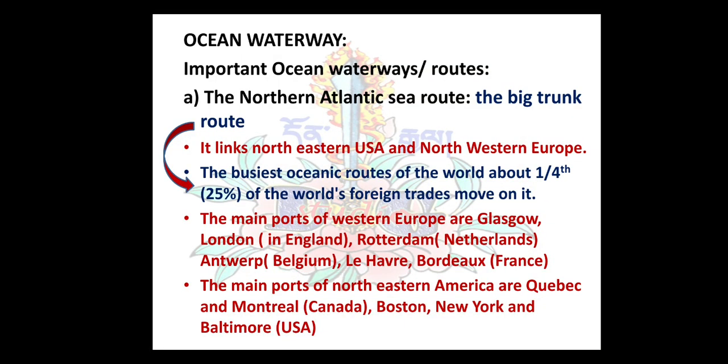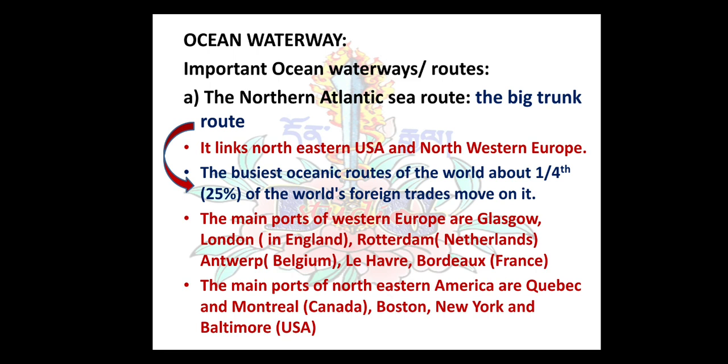The main ports from Western Europe are London, Rotterdam, Antwerp, Le Havre, and Bordeaux. These are some of the important seaports of the North Atlantic Sea route, located in the Western European countries.